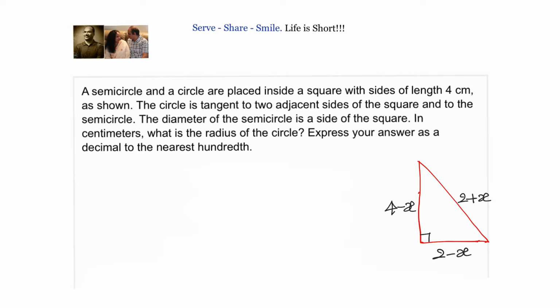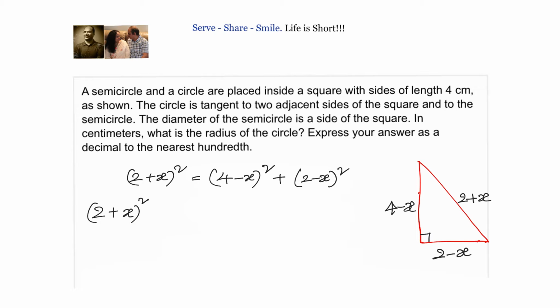By applying the Pythagoras theorem on this triangle, we have (2 plus x) whole squared equals (4 minus x) whole squared plus (2 minus x) whole squared. Or can I just bring that (2 minus x) to this side so that I can apply the formula (a plus b) whole squared minus (a minus b) whole squared is 4ab.